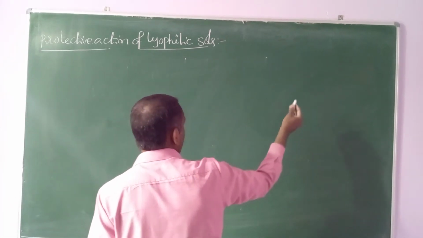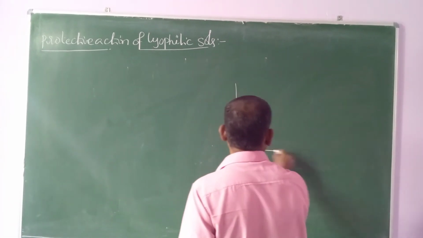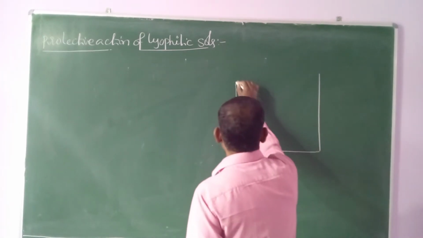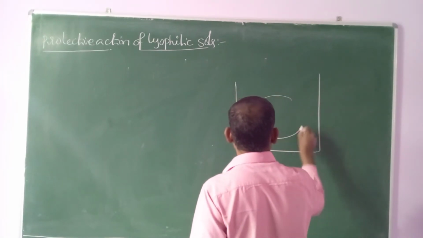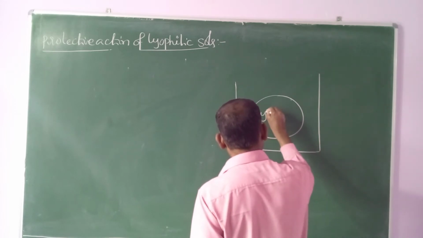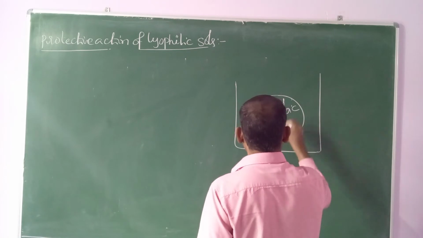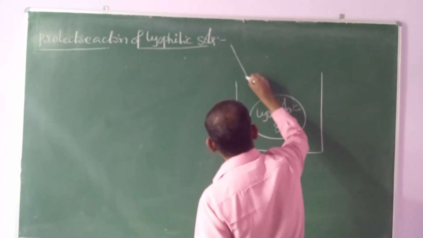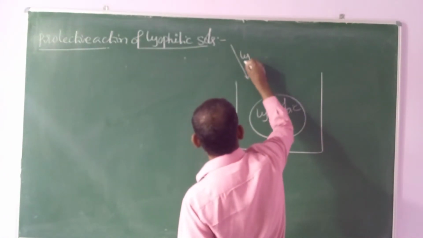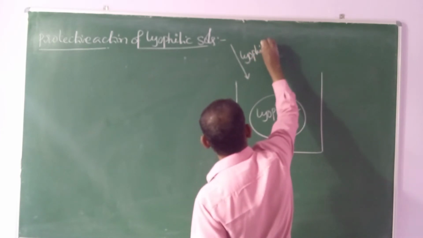For understanding purpose, I am drawing one small diagram. Initially I am taking one lyophobic sole, like a gold sole.